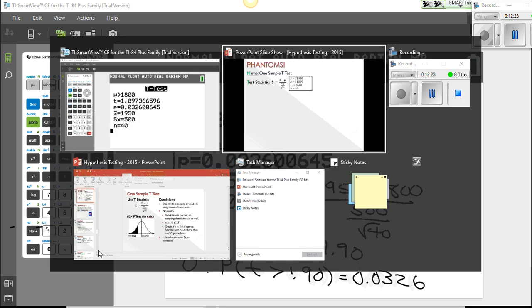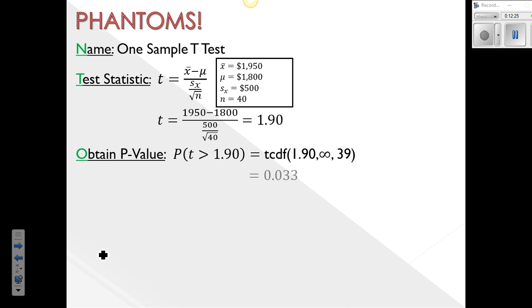I'm going to go back to the PowerPoint because I already have all that written here. Remember, you could always use tcdf if you wanted to calculate that by hand, but the calculator does that for you when you use option number 2, t-test. Does that make sense? You can find the p-value a couple different ways. I find the t-test button in the calculator much easier, to be honest.